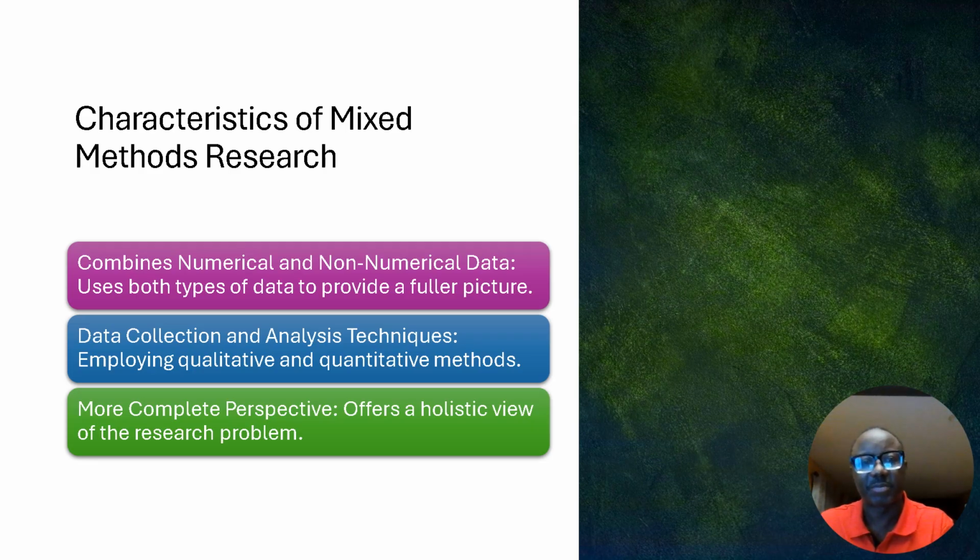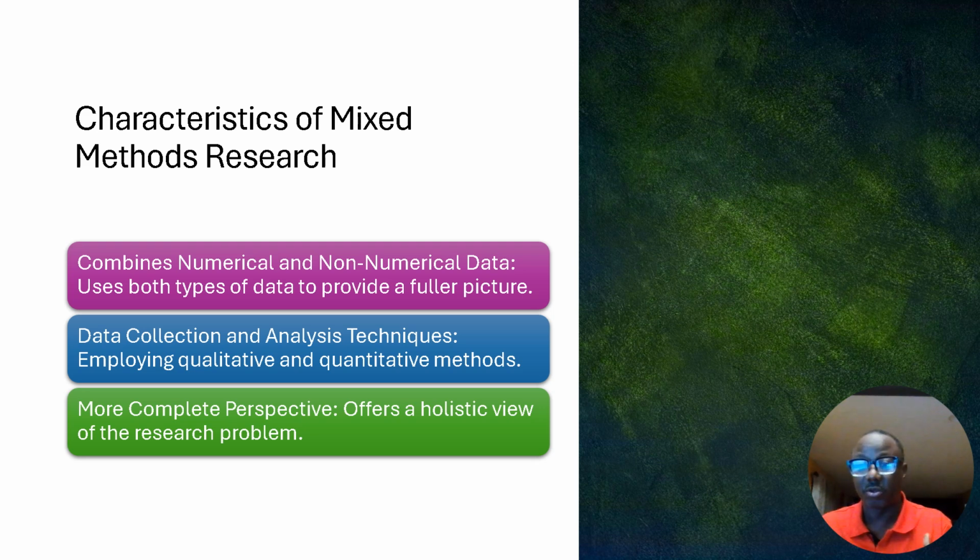Characteristics of mixed methods research. One, like we said, it combines numerical and non-numerical data. It uses both types of data to provide a fuller picture, or to give you a good understanding of the research. Data collection and analysis techniques employ qualitative and quantitative methods.